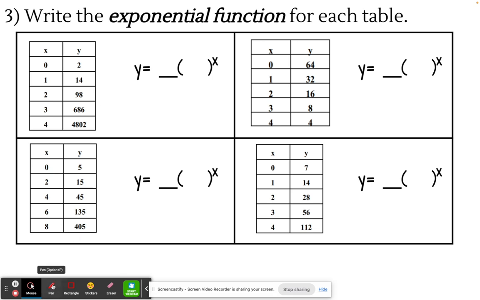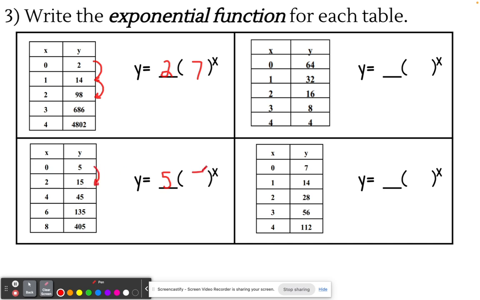Okay, let's write a function for each one of these. Well, what's my starting point here? It's 2. And what's happening here? Well, it looks like it's multiplying by 7. So this would be 2 times 7 to the power of x. On this one, my starting point is 5, and it looks like I'm multiplying by 3 each time.